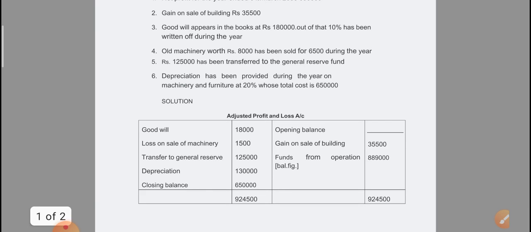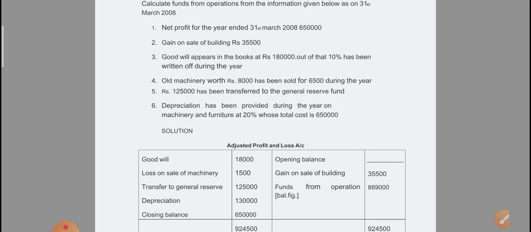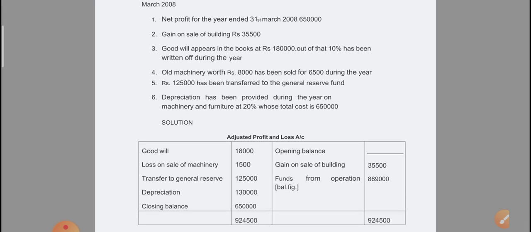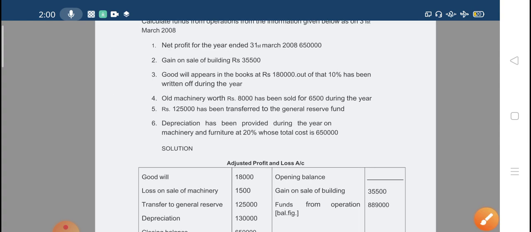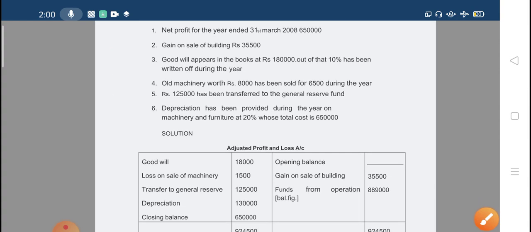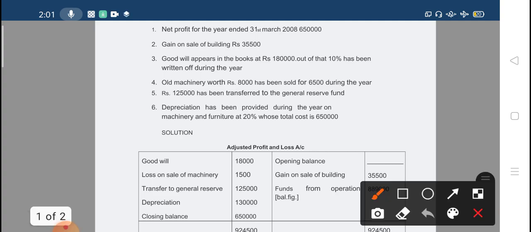So let's prepare the adjusted profit and loss account. First, we go through the adjustments given. The first thing is net profit for the year ended 31st March 2008, 6,50,000.